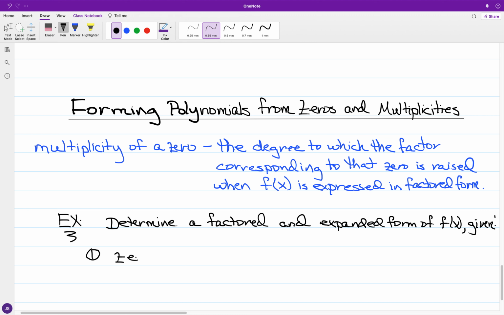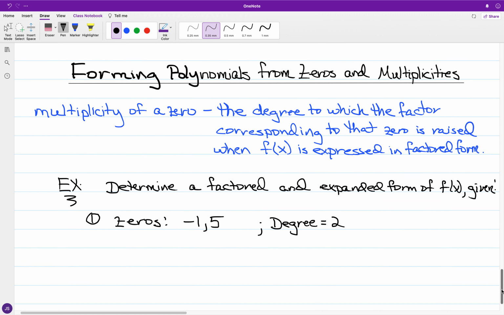We have for the zeros, say, -1 and 5, and say that the degree is going to be equal to 2. So you have the number of zeros, 2 of them, -1 and 5, and the degree is 2.